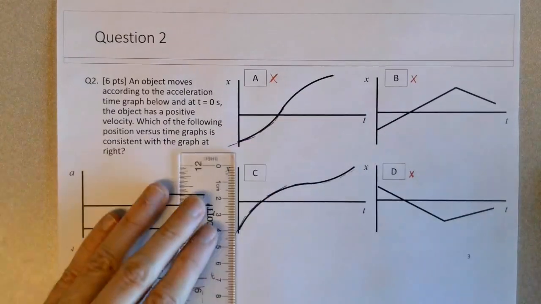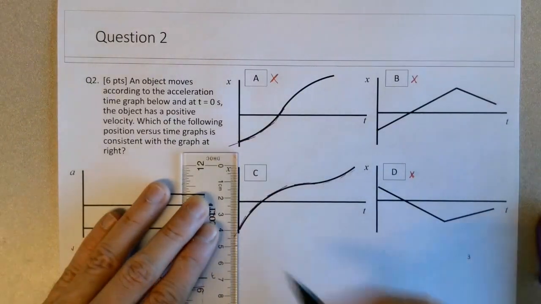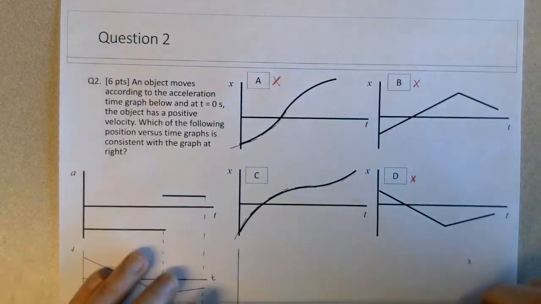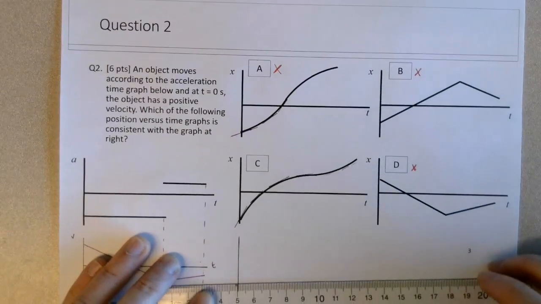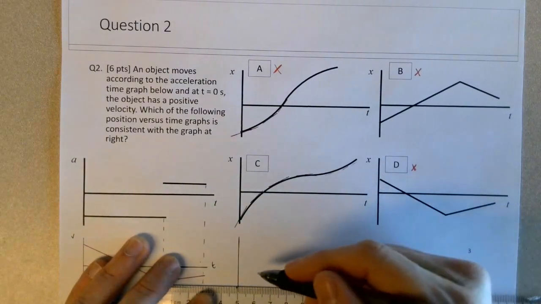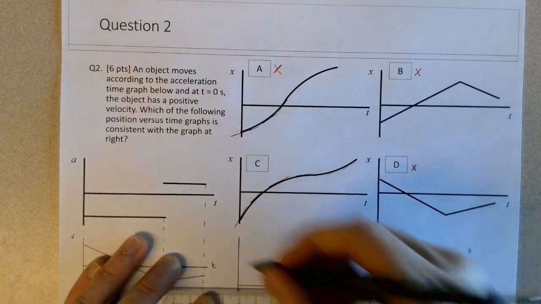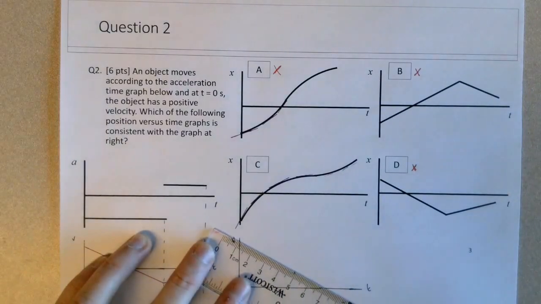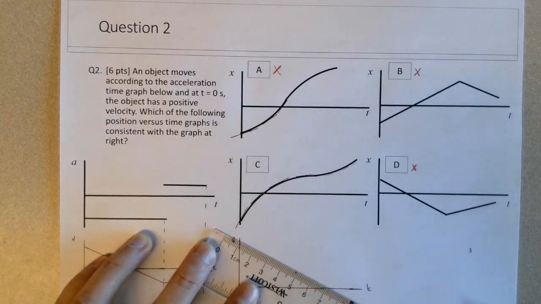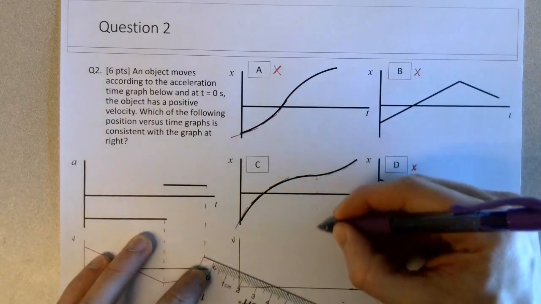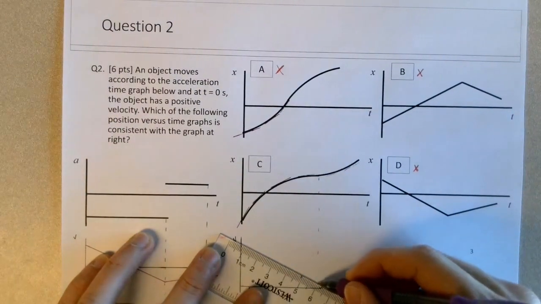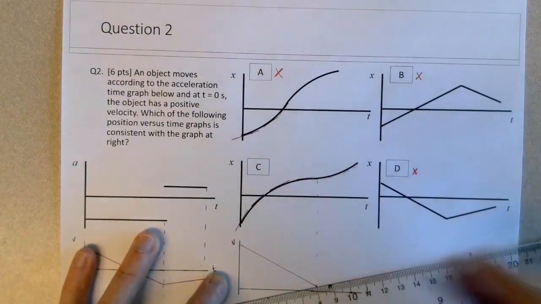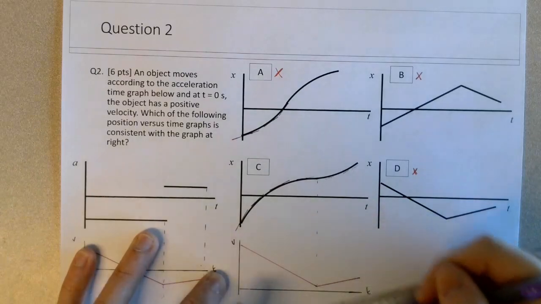But were I to draw a v-t curve, again it would have the same shape, but it would just start with a higher initial positive velocity. Then roughly at this time here, the velocity is almost zero, and then becomes positive, so that these two graphs will be consistent.